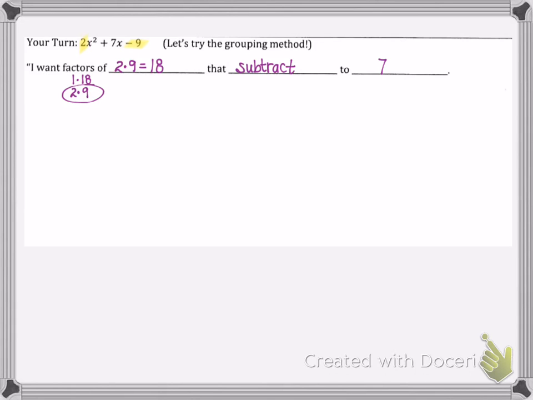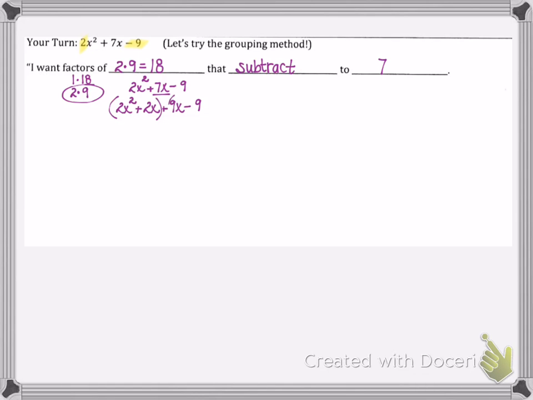So I'm going to write the original problem, 2x squared plus 7x minus 9, but I'm going to replace this middle term, this linear term, with the two factors that I found that add up to it. Now, you want to be careful with the placement here. I'm going to put the 2x next to the 2x squared because they're similar, and 9x and minus 9 next to each other.